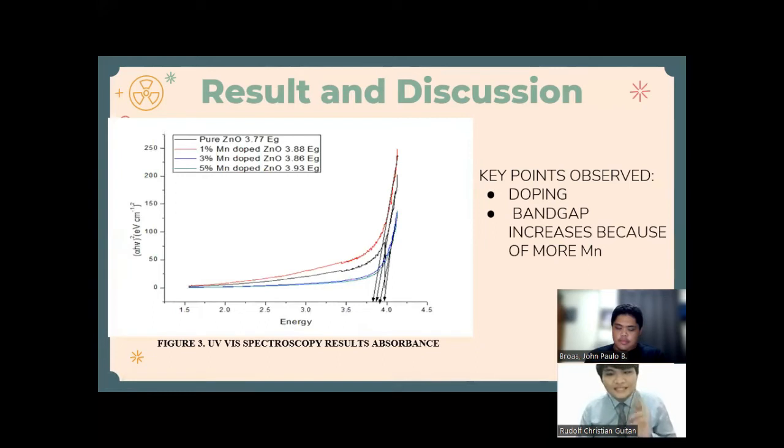The second fascinating result is the band gap becomes wider as more manganese is added. This trend is seen on the synthesized material that has 1, 3, and 5% concentration of manganese. The reason our band gap is higher than similar papers is because we used low temperature, which, according to one of our references, affects the band gap through annealing or calcination temperatures.